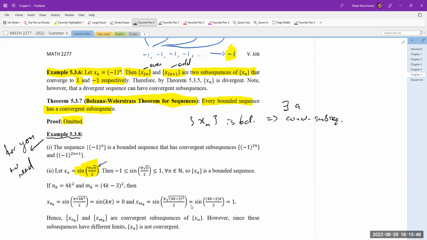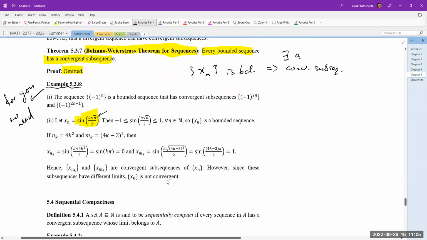So you could take out every 10th value and form one sequence, and then every 11th value and form another sequence that converges to a different value. So what they did was form one sequence that converges to 0, and another sequence that converges to 1. So this guy doesn't converge.